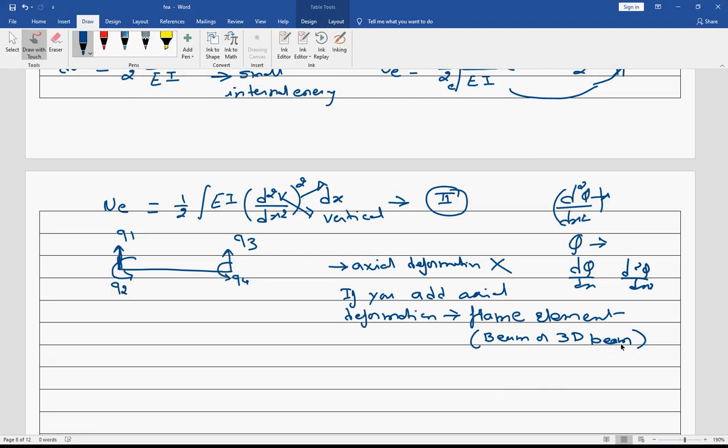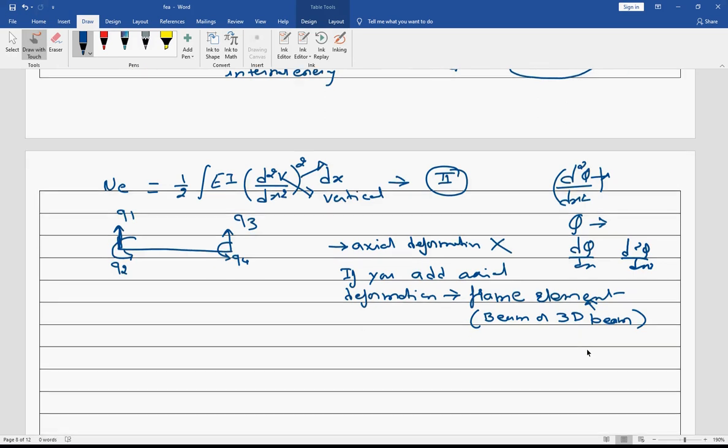Okay, so 3D beam basically represents a frame. So frame element is capable of handling beam type of problem, which is what we are trying to derive now, and also it is capable of handling the frame type problem, and that is why the common terminology used in software is beam or the 3D beam. That you should be aware of. That is why I told you.